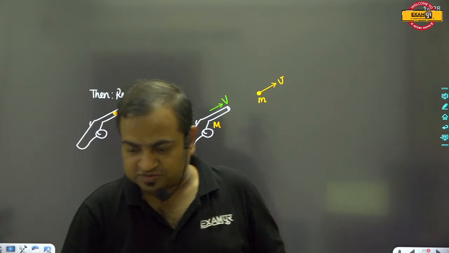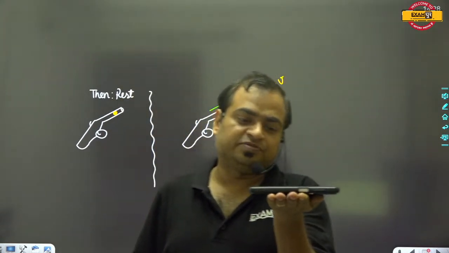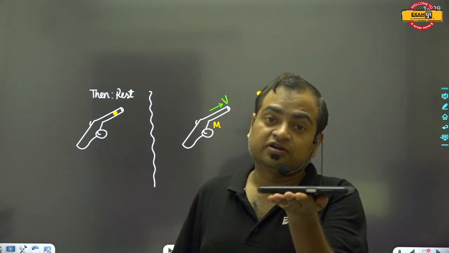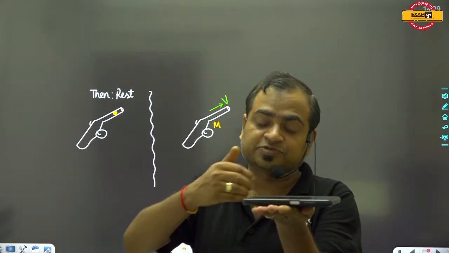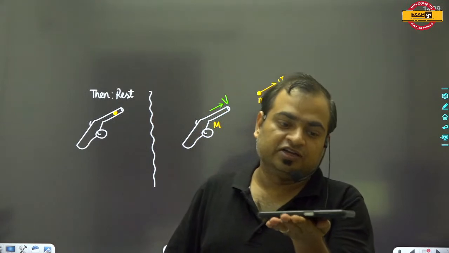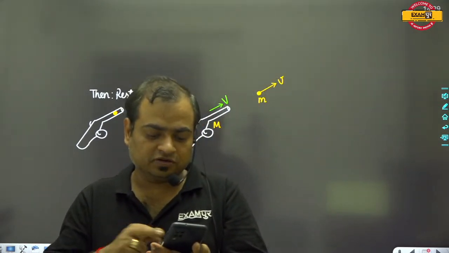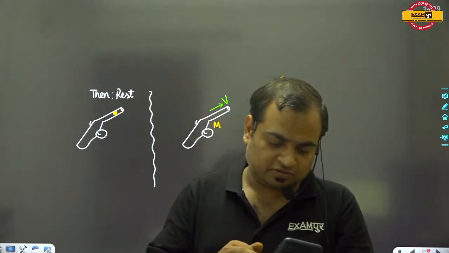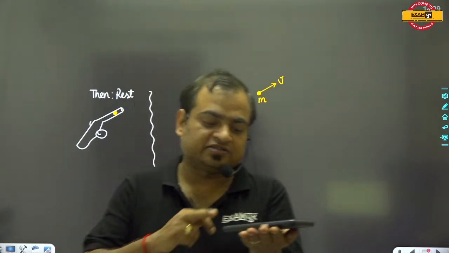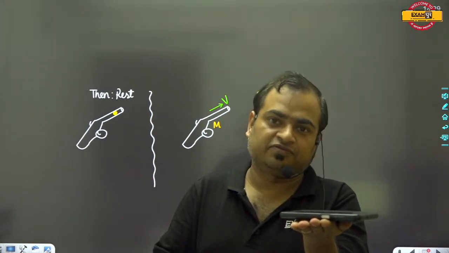Suppose that this mobile phone is placed on my palm. If we apply some force, then this mobile phone displaces from its original position to a new position. In that case, we can say that this is an external force.